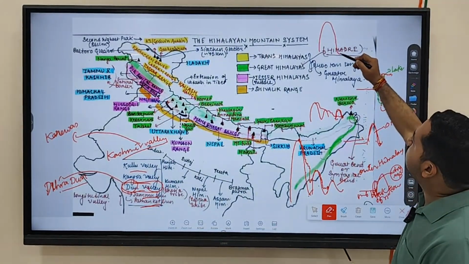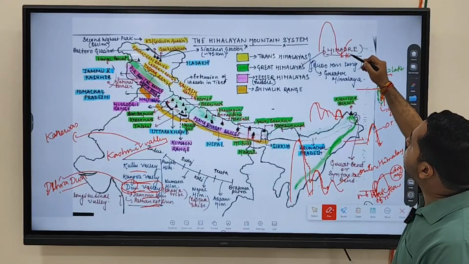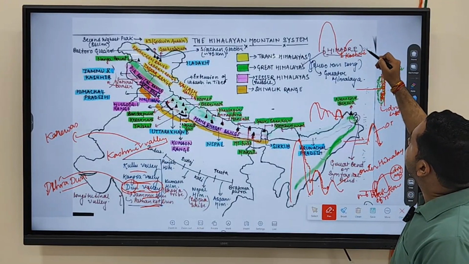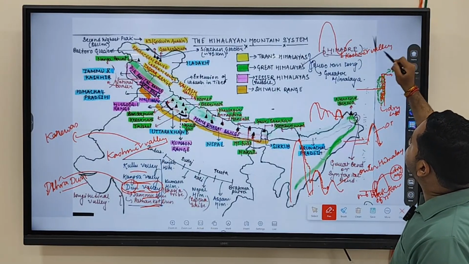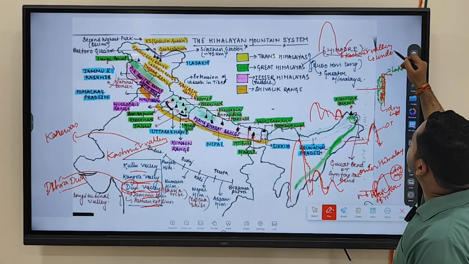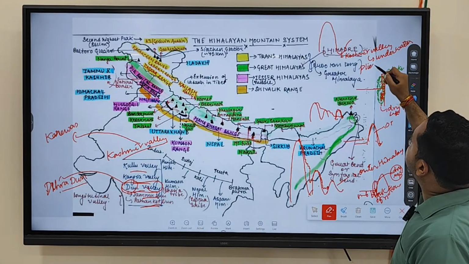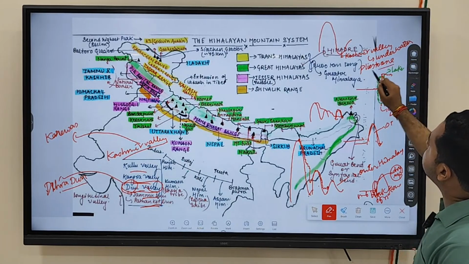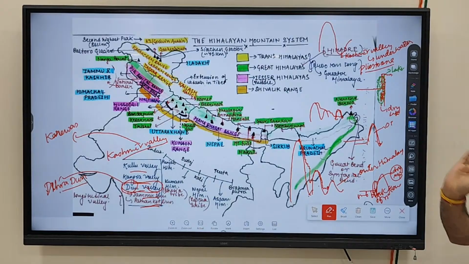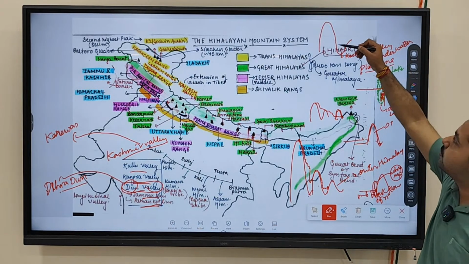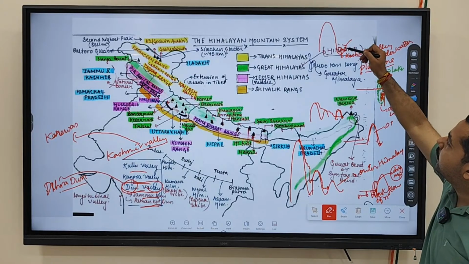Let's say again the Kashmir Valley was underwater in the Pleistocene period. We discussed that the Quaternary period is divided into two parts, Pleistocene and Holocene. So in the Pleistocene period, this Kashmir Valley was under the water.